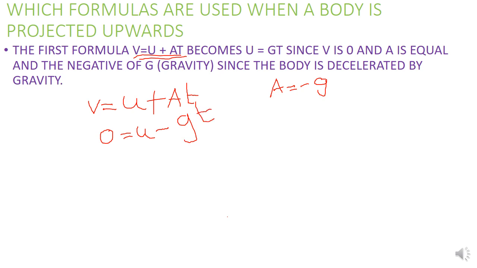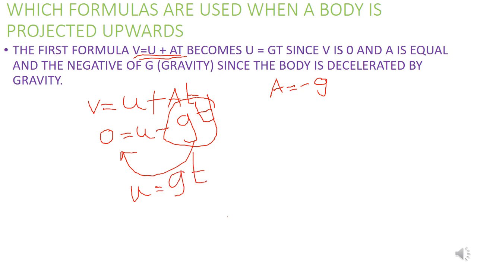That is how this formula ends up. So if you take gt, minus gt, to the other side, it will be U equals gt. That will be the final formula.